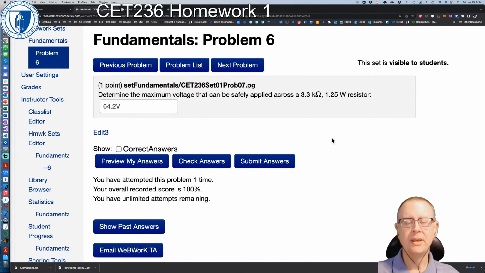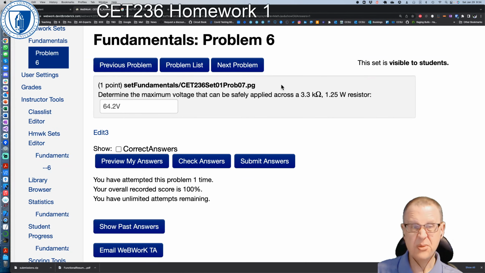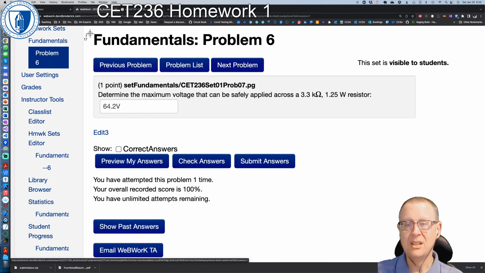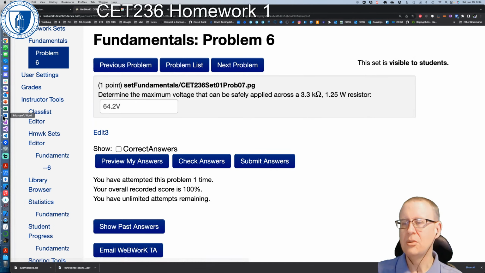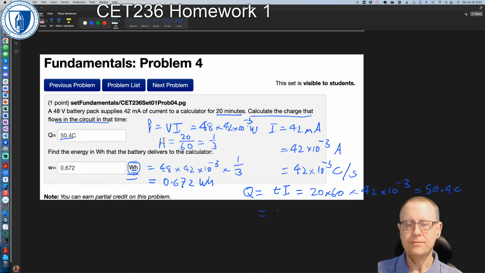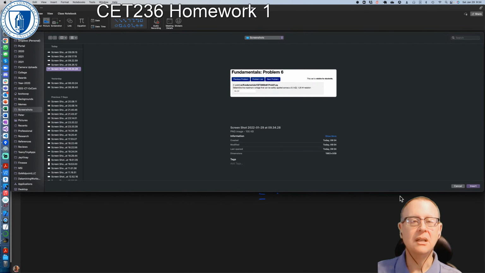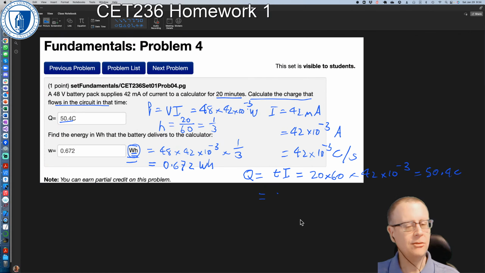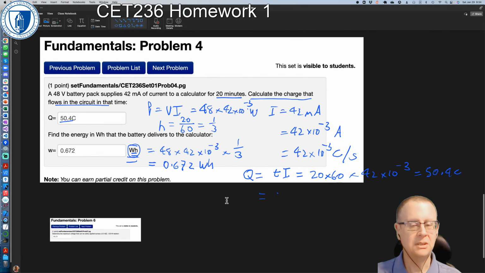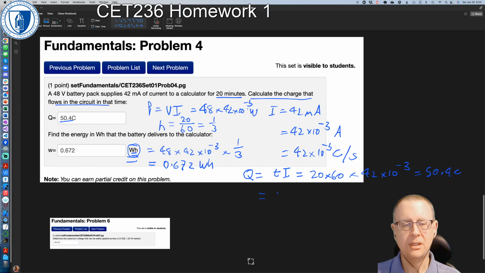Problem 6. Determine the maximum voltage that can be safely applied across a 3.3 kilo ohm, 1.25 watt resistor. So this can sometimes be a problem. The resistors we have in the lab are only usually a 1/4 watt or sometimes 1/2 watt.